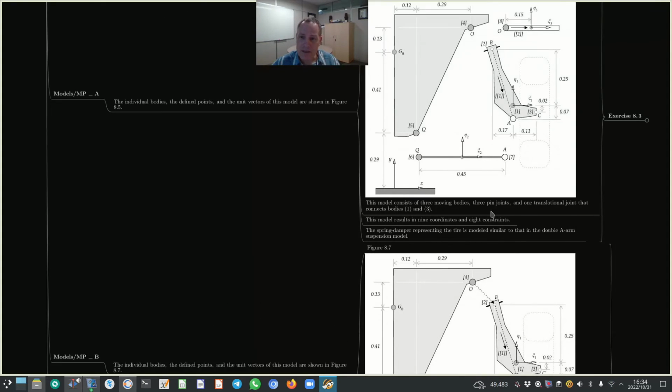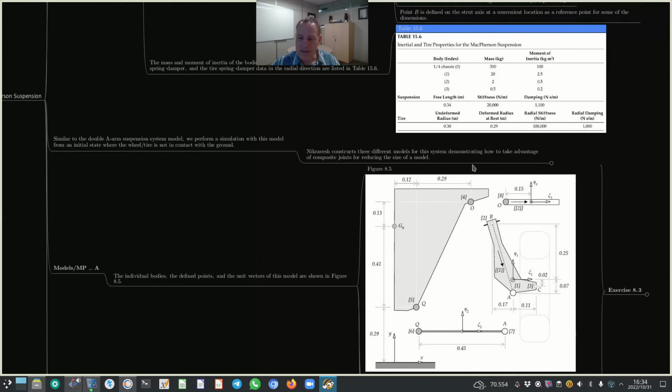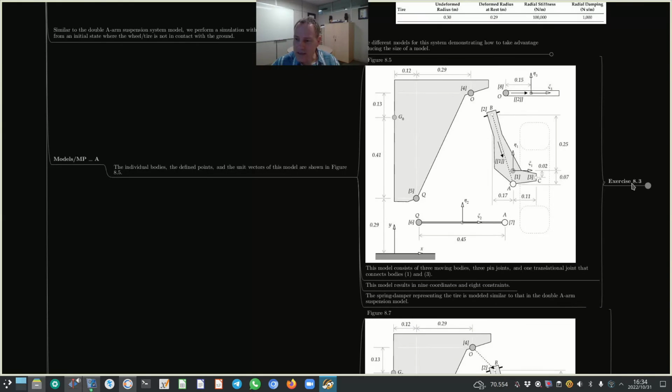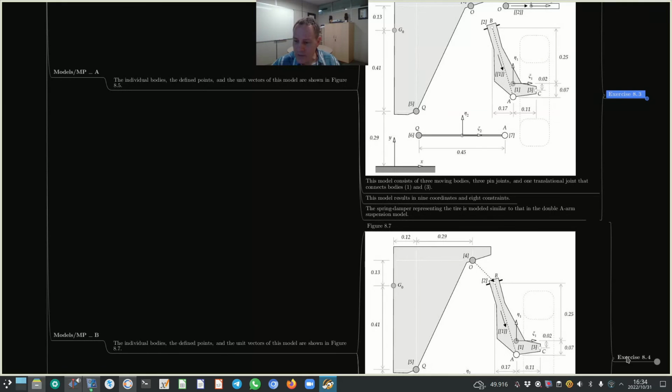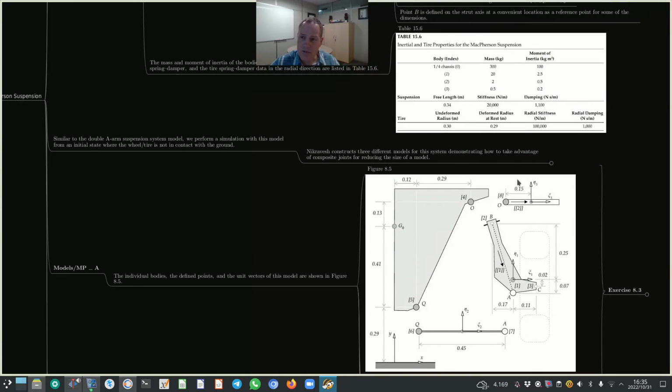So what we are expecting to see is that the results between exercise 8.3 and 8.4 should be very close, because 0.5 kilogram compared to 20 kilograms of body 1 and 2 kilograms of body 2 combined is not a lot, right? We're not expecting a major difference.